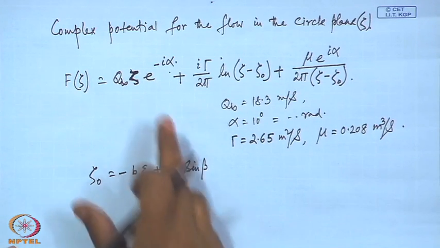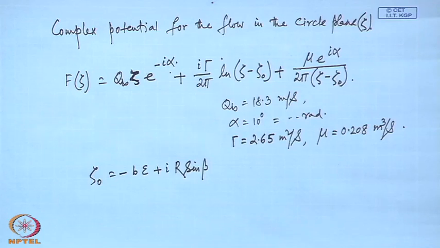So, once you put it, the complex potential on the circle plane is complete. You now have complete potential function on the circle plane, both potential function as well as the stream function.